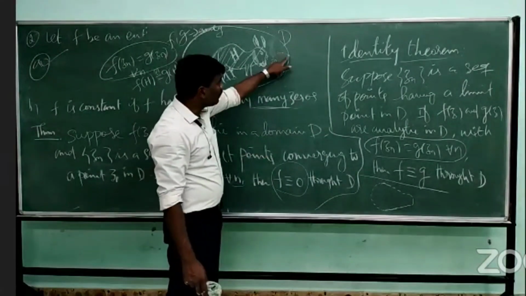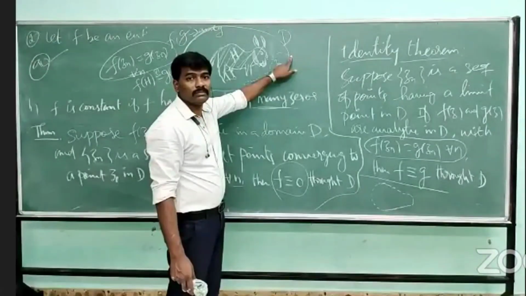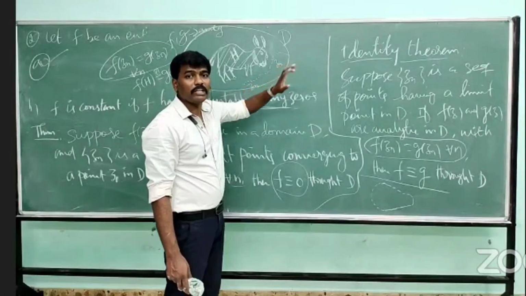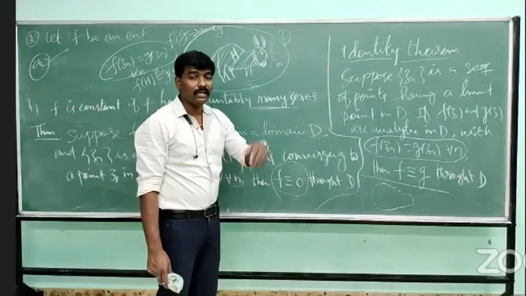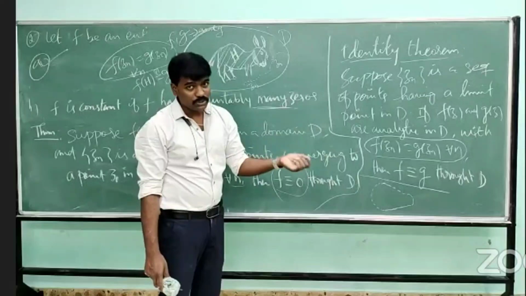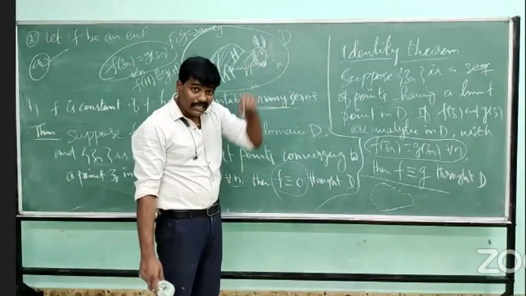The sequence could be converging outside also, because D is open. The limit point could be outside, so that is not guaranteed to be inside.